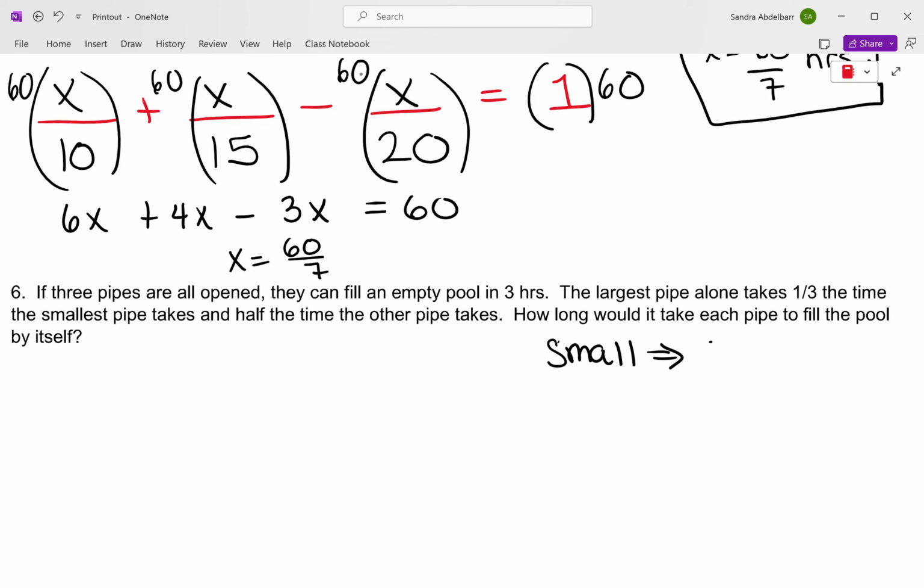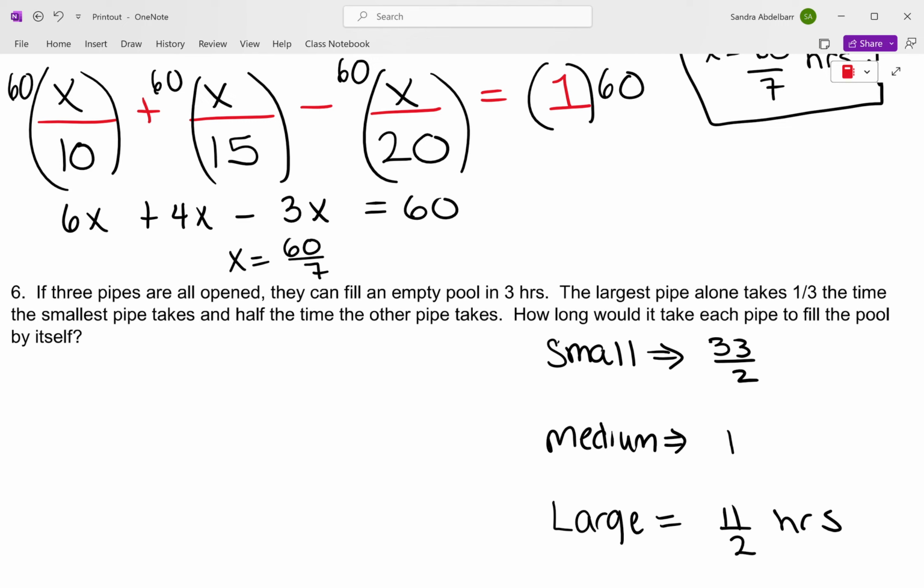Will it help if I tell you I got an improper fraction? Arav? For the small part, I got 11 over 2 hours. Oh, sorry, I had that for the large. For the small, I got 33 over 2. Good, 33 over 2. What about the medium? Tejas? 11 hours. You got it.